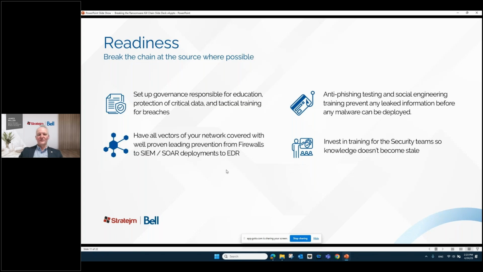And that gives you the visibility, but the ability to automate and orchestrate responses with playbooks and have real, meaningful, automated containment within minutes. And then training, not only for the staff, but for the security teams, and make sure they don't become stale. AI is not going to get stale. Threat actors aren't going to get stale. And the business model that ransomware has become is only going to evolve. So we need to stay ahead of it.